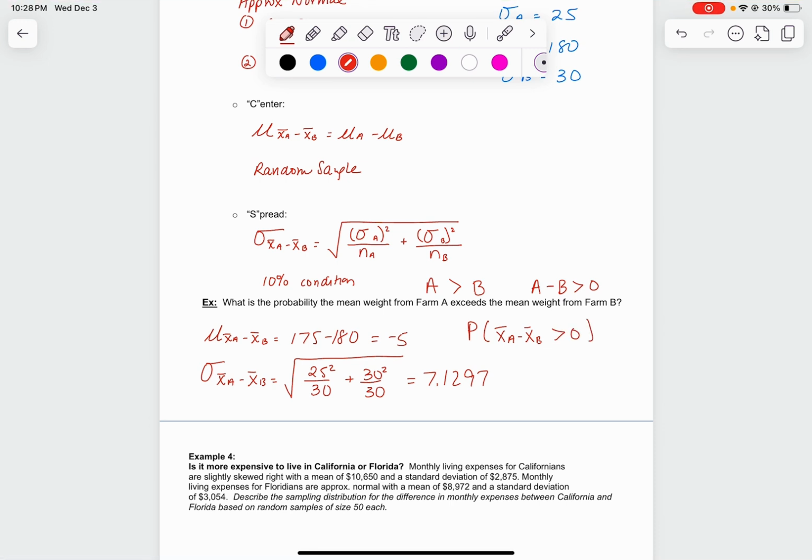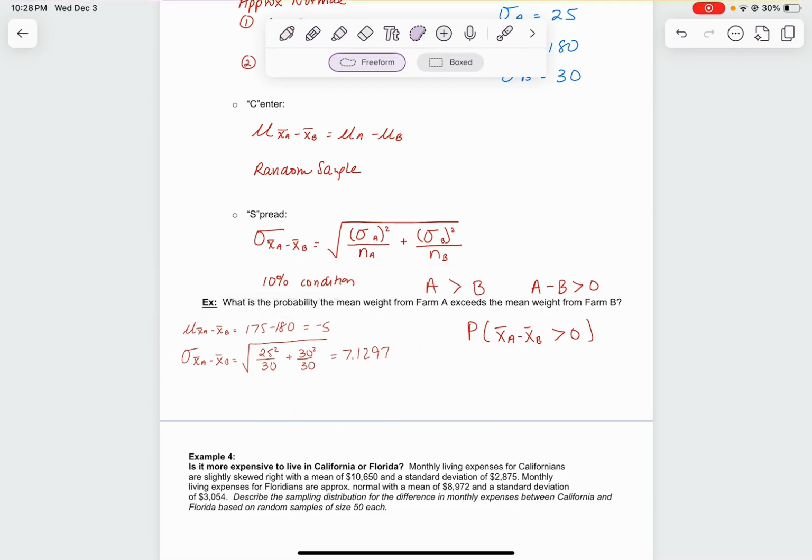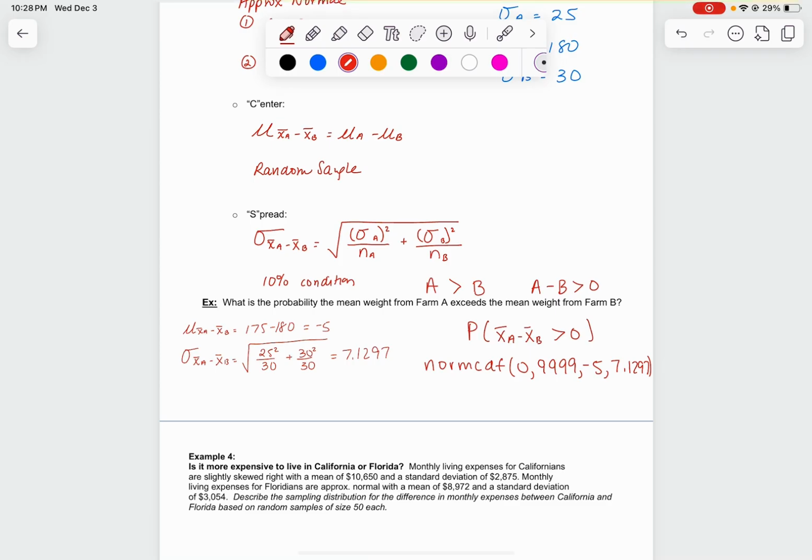We can now use normalcdf because we verified that the distribution works: lower bound of 0, upper bound of positive 9999, a mean of -5, and a standard deviation of 7.1297. You can plug that in your calculator and get a probability from there.